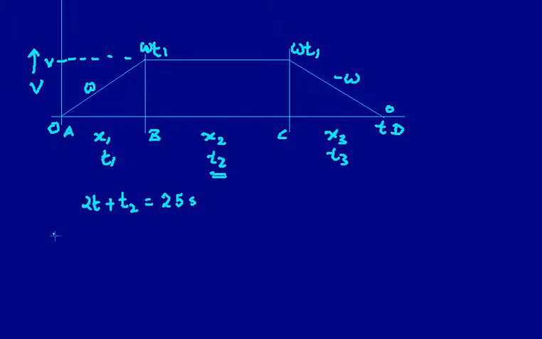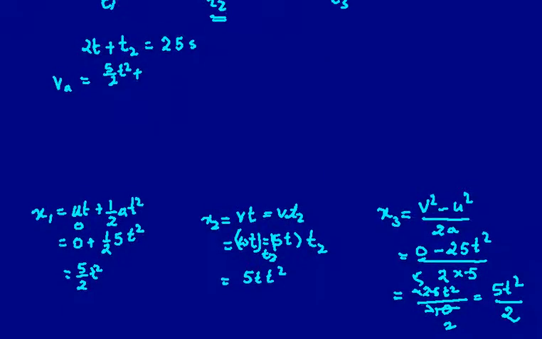So the average velocity, which is total distance traveled, is equal to 5 by 2 t square for x1, plus let's get the value from the bottom. It's 5t into t2. Oops, sorry, I'll have to strike this. It's not a power here, it's a t2. So plus 5t t2 plus 5 by 2 t square by 25.